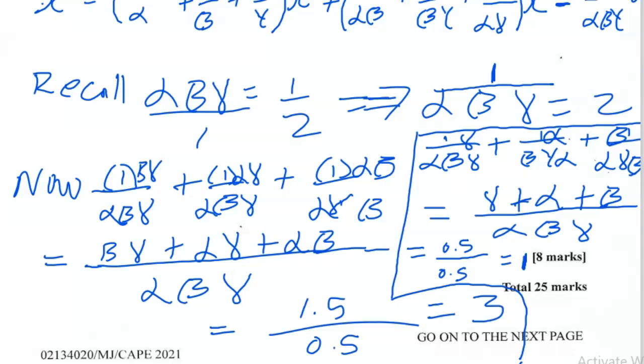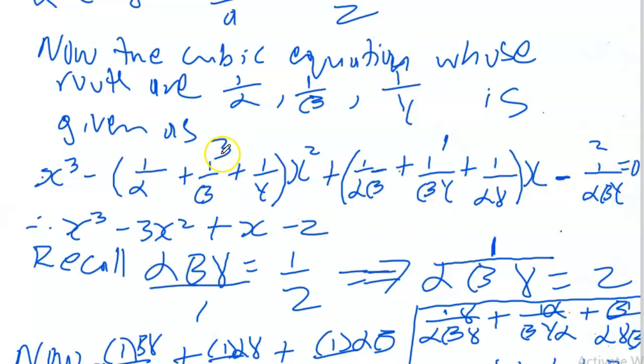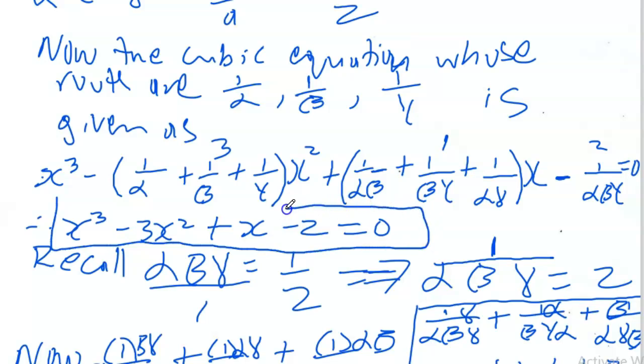So this value would have been equal to 3, and this value would have been equal to 1, so the cubic equation would have been x cubed minus 3x squared plus 1x minus 2. So the first bracket is 3, the second bracket is 1, and the final term, 1 over alpha times 1 over beta times 1 over gamma, we found that to be 2. So that's our solution: x cubed minus 3x squared plus x minus 2.